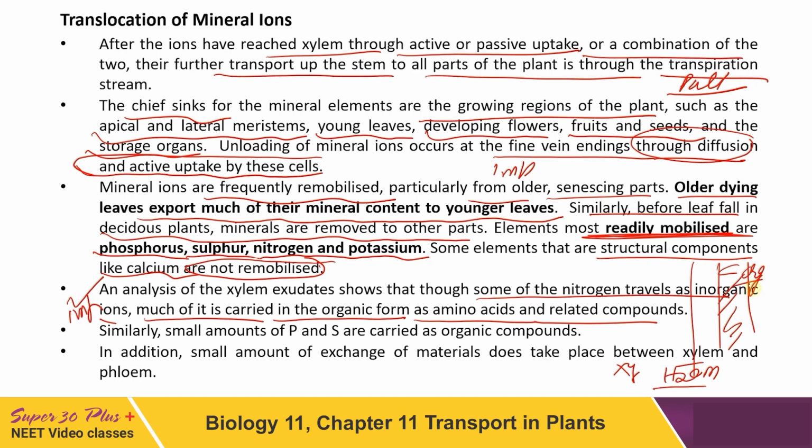But now researchers have given this clarification: in xylem, along with water and minerals, much of the nitrogen is carried in organic form as amino acids and related compounds. Similarly, a small amount of phosphorus and sulfur is carried in phloem. A small amount of exchange of material takes place between xylem and phloem.